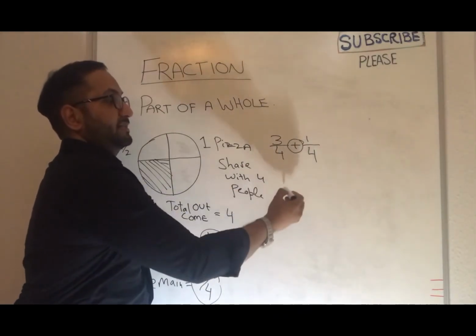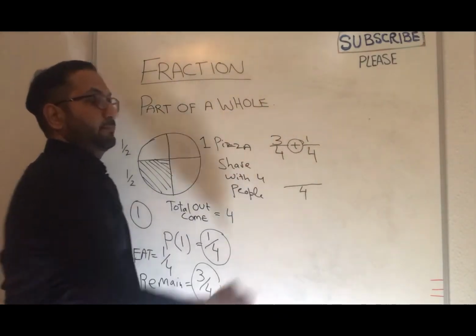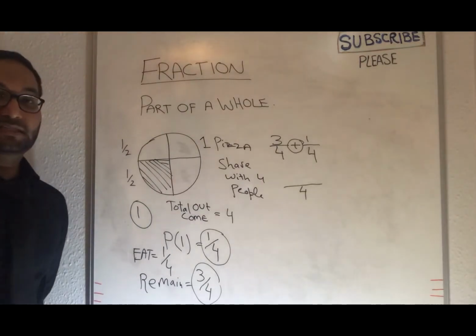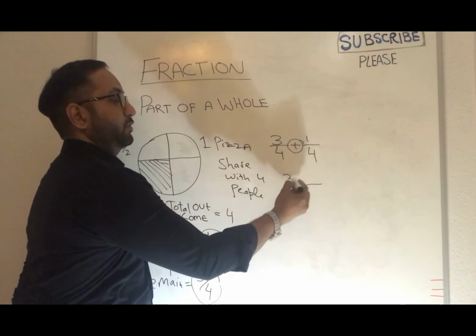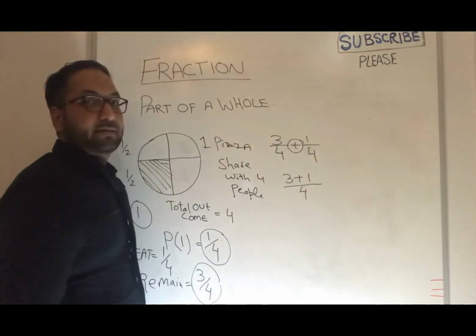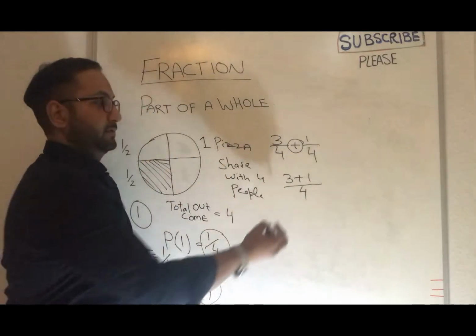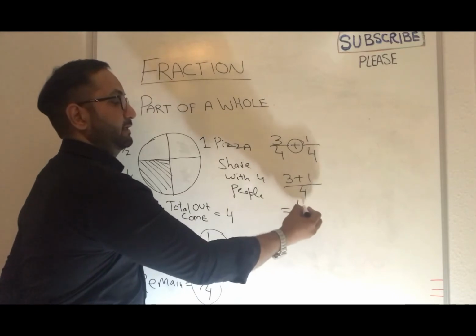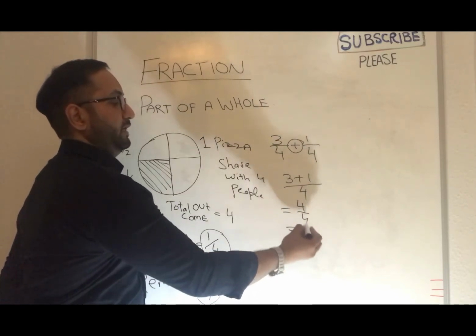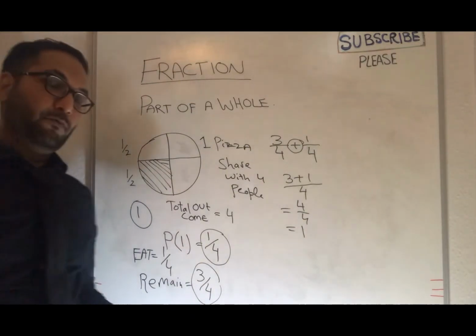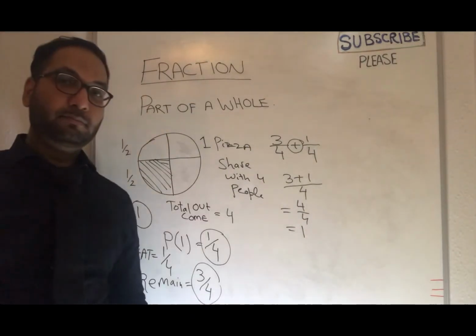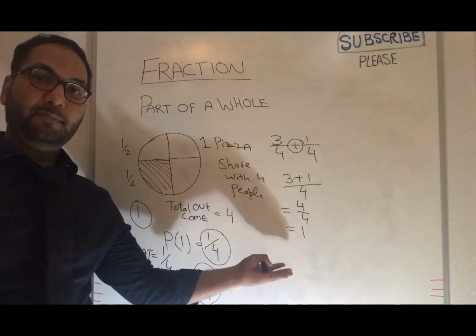If the denominator is the same, the denominator still remains the same, then we add the top and the other top value. So when we add it, it becomes 4 over 4, and you know that 4 divided by 4 becomes 1, and 1 is a whole. We can go back again to a whole number.